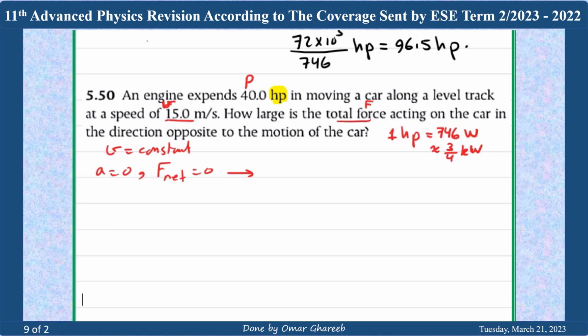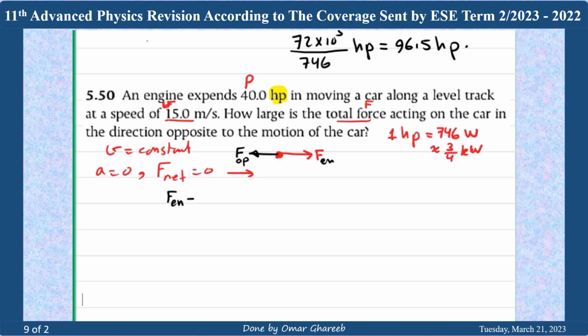Suppose the engine of the car applies this force F, then the opposite force is opposite to it. This is the engine force and this is the opposite force. Now F net equals F engine minus F opposite, which is equal to 0 since it's equilibrium.